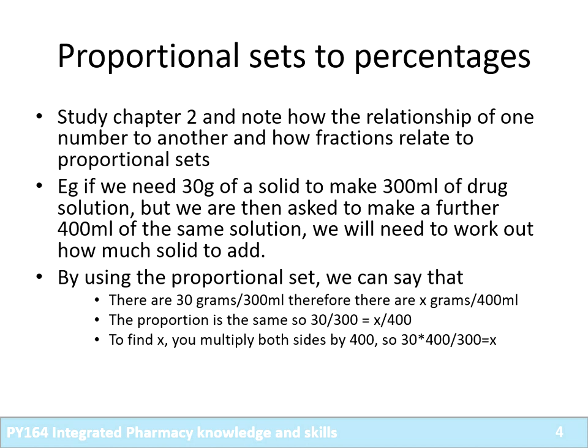And if you're confident on equations, then you'll know that to find X, what you do to both sides of an equation is to work out how you get to X on its own. In this case, the right-hand side of the equation has X divided by 400. So if we multiply both sides of the equation by 400, then we'd have X on the right-hand side. And on the left-hand side, we multiply that by 400 as well. So that becomes 30 times 400 over 300. That gives us X. So for 400 mils, we need 40 grams.